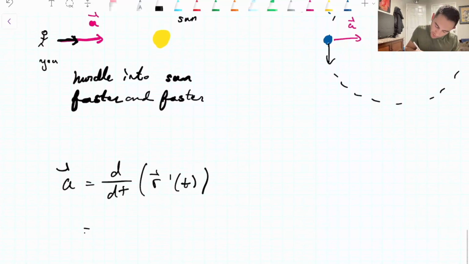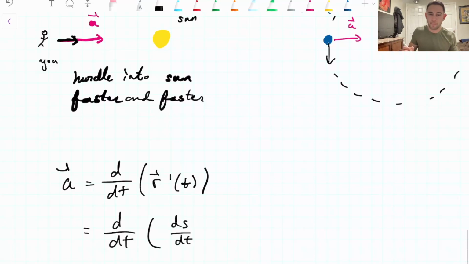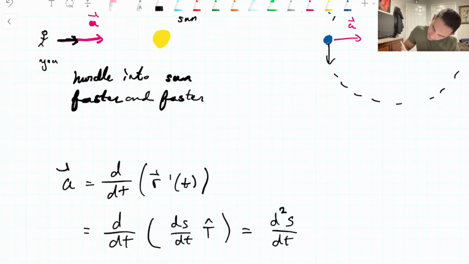Then it's the derivative of a product of two things. It's the derivative of my speed, ds/dt, times T hat. And of course, I can use the product rule. And I see that I have the derivative of the first thing, leaving the second thing alone. So d squared s/dt squared T hat.